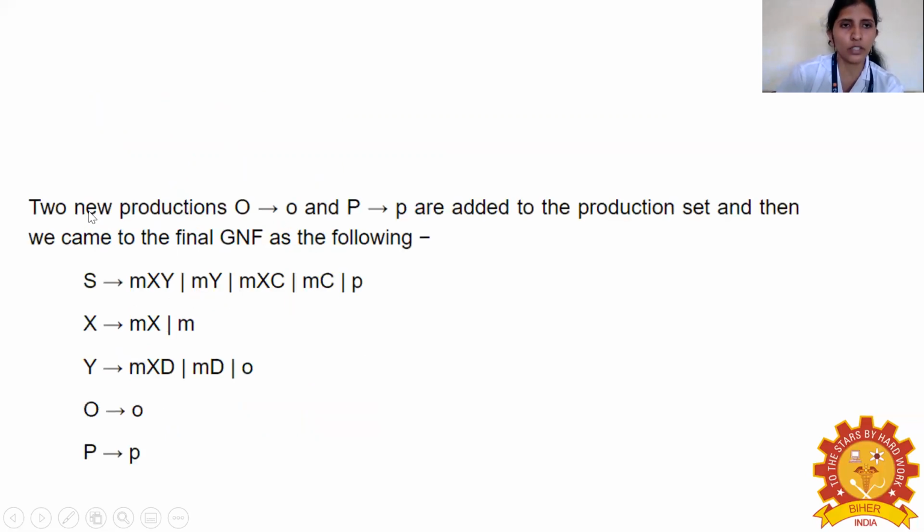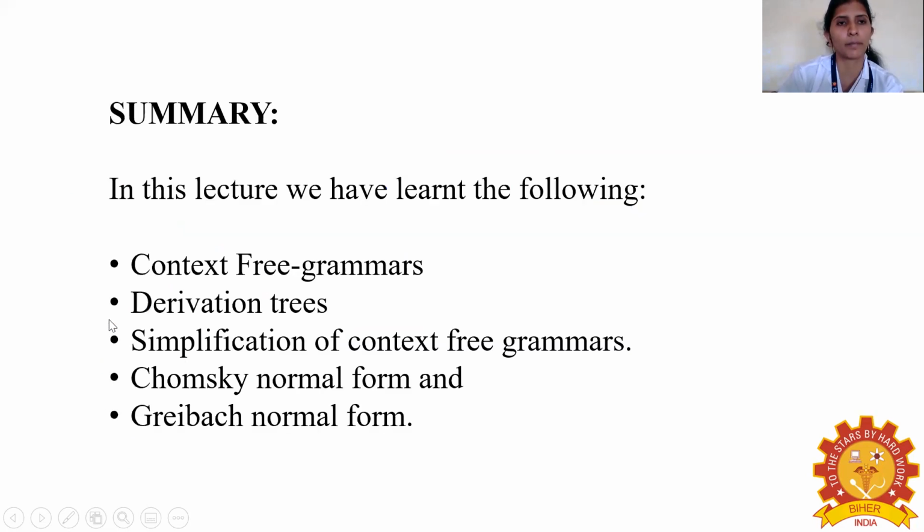So the two new productions, capital O to small o and capital P to small p, are added to the production set, and then we come to the final Greibach normal form as the following, that is S to mXY or mY or mXO or mO or p, and X to mX or m, and Y to mXN or mN or o, and capital O to small o and capital P to small p.